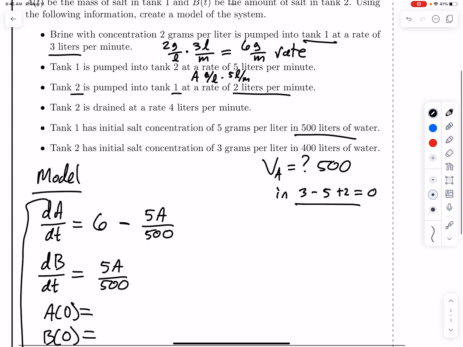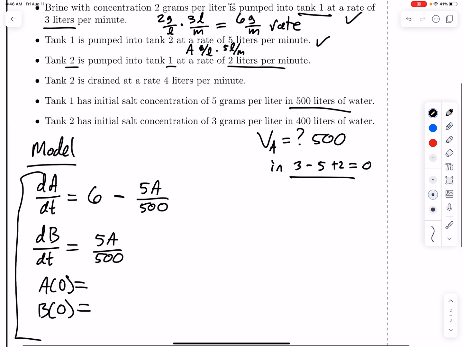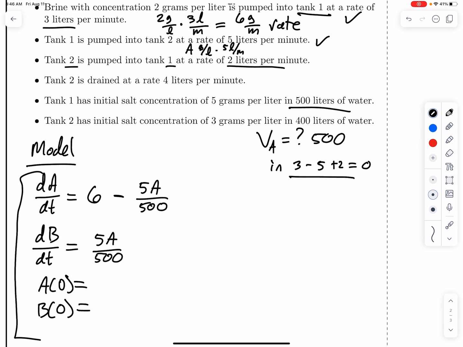So I think we've handled this one. Now tank 2 is pumped into tank 1 at a rate of 2 liters per minute. So there's going to be from tank 2 a minus however many mass per whatever the volume of tank B is times 2, right?